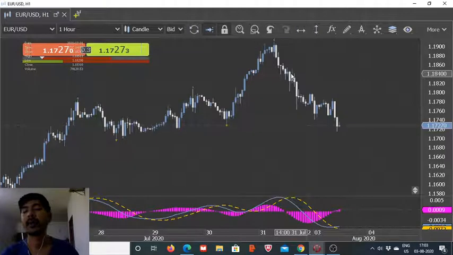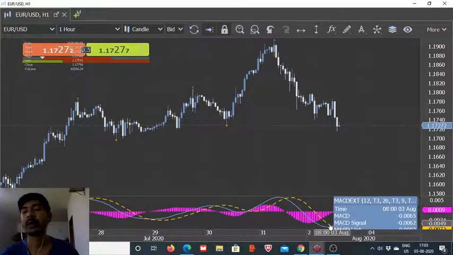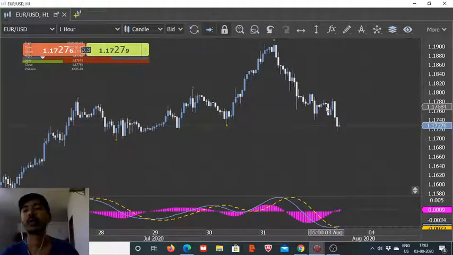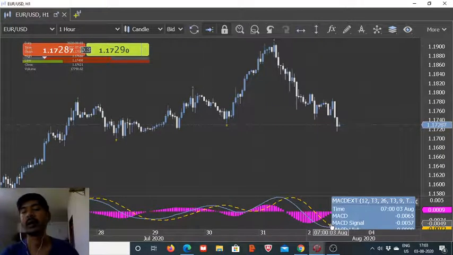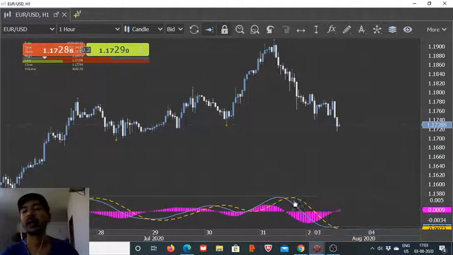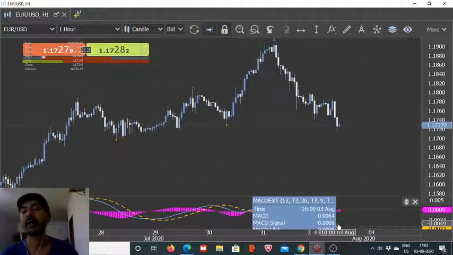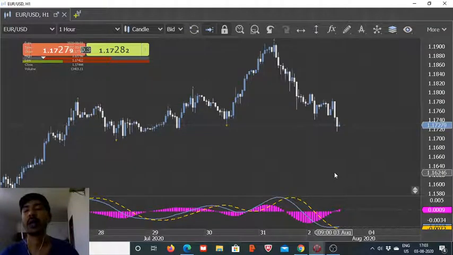And here, as the price has continued to consolidate with bearish bias, the EUR/USD hourly chart of the MACD indicator continued to move lower, and then eventually when it looked like the underlying instrument had entered into a bearish zone and is now consolidating on the lower side, some buying momentum is likely to come in.